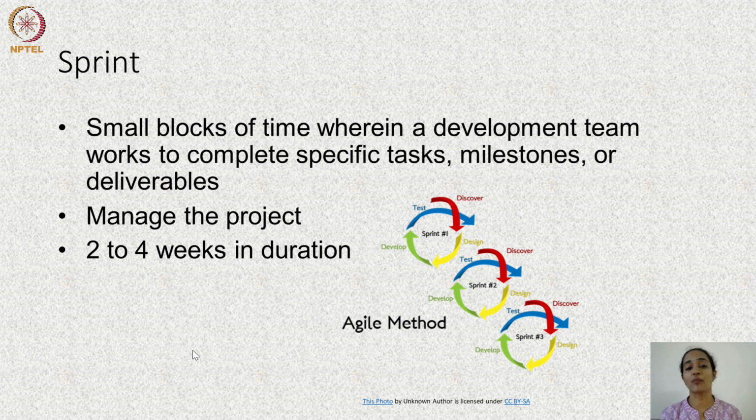Each sprint is about 2 to 4 weeks in duration, and there are very set deliverables which the team has to give. The team members, the team Agile coach, and the product owner together decide what has to be achieved in each sprint. And they also decide when we can say that the tasks of that particular sprint has been finally delivered.